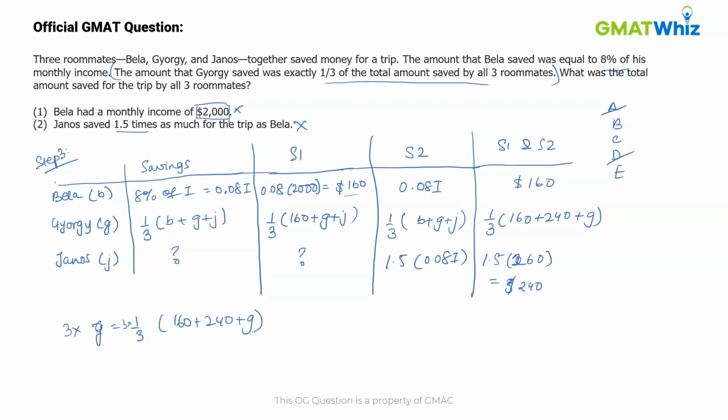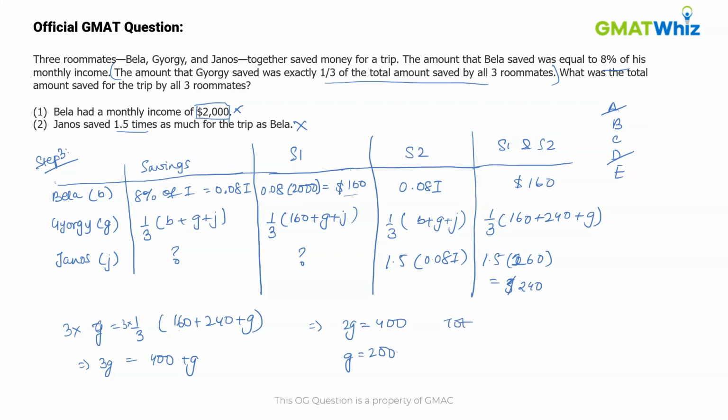Multiplying by 3 on both sides we get 3G equal to 160 plus 240 plus G, which gives us 400 plus G. Now this gives us 2G equal to 400 or G is equal to 200.